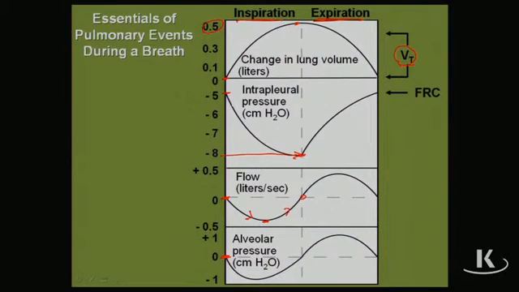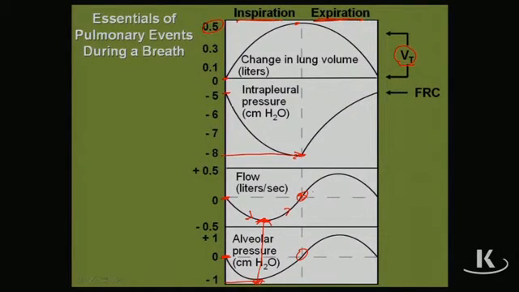In mid-inspiration, it goes to -1. Notice when the alveolar pressure is -1, that's when we're getting the greatest airflow into the alveolus. As the alveolar pressure reverts back to 0 at the end of inspiration, notice flow then goes back to 0. So we now can understand this graph, and the opposite, of course, in expiration.